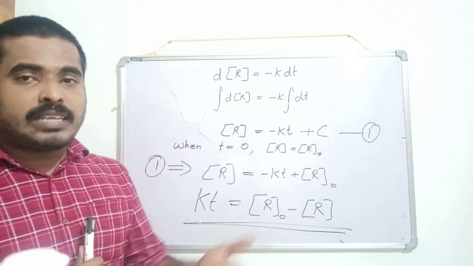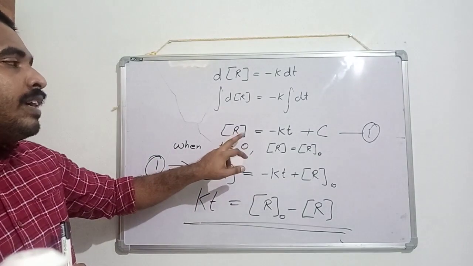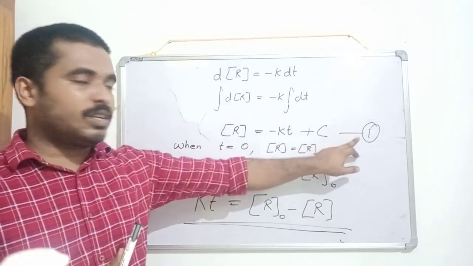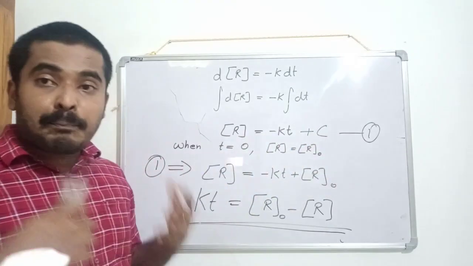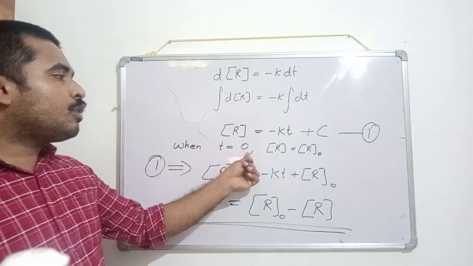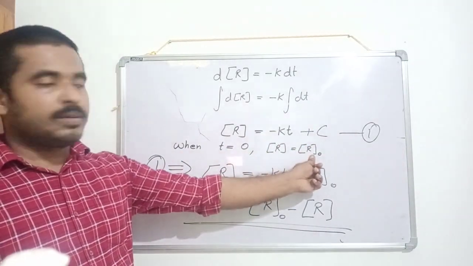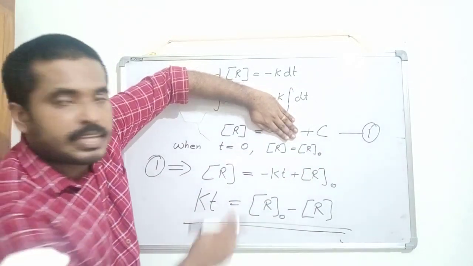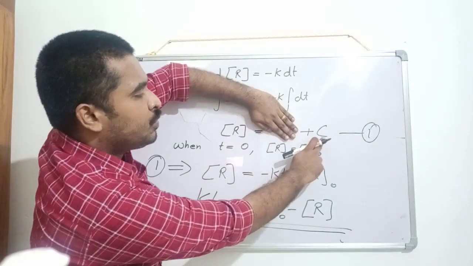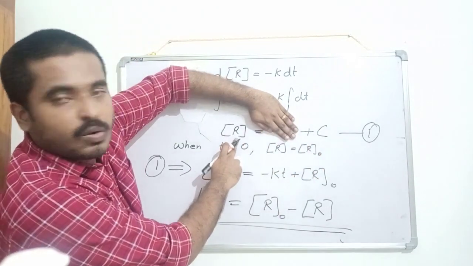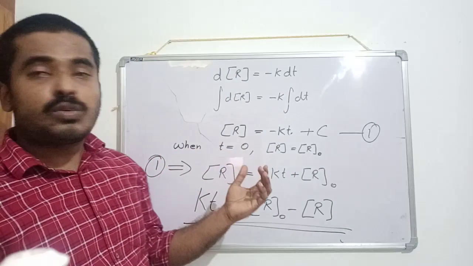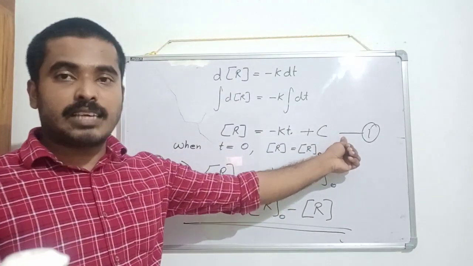How have we arrived at that point? We have this very famous equation R equal to minus kt plus c after integration, our first equation. Now we will apply the initial condition. When time equal to 0, R equal to R0. So when time equal to 0, this term will become 0. Then it is simply R0 equal to c. Now we need to substitute in the first equation itself.